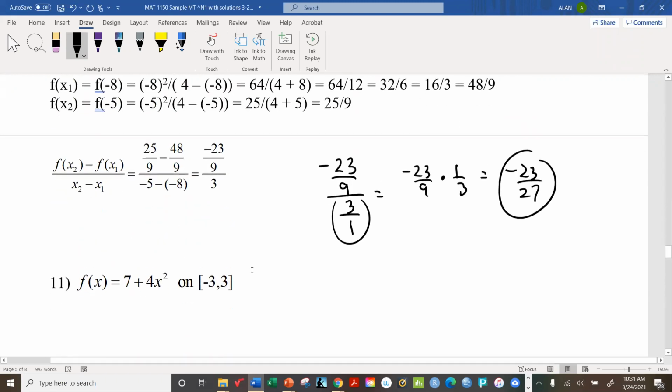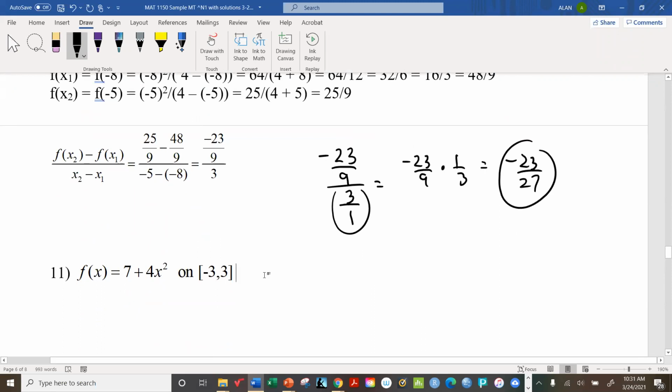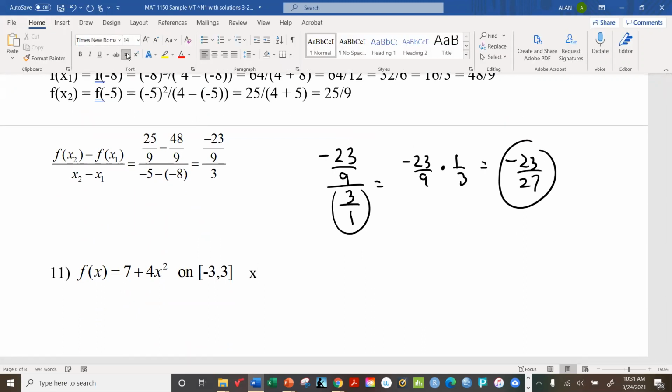All right, so now for this one, x1 is minus 3, and x2 is 3.